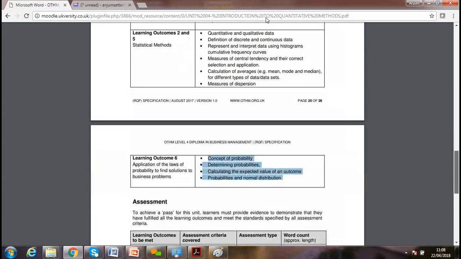The possibility of any occurrence, the chances of something that could happen. In business it is really the chances of profit or loss, or it could be sales, or weather that will affect the sales. So we can look at those sorts of things within these topics.